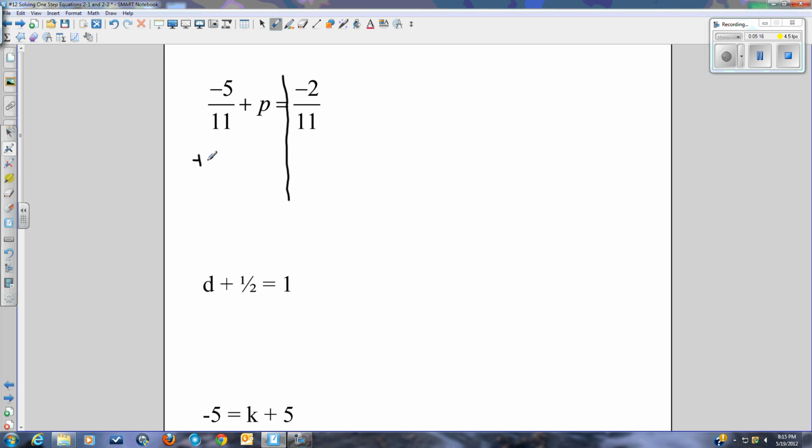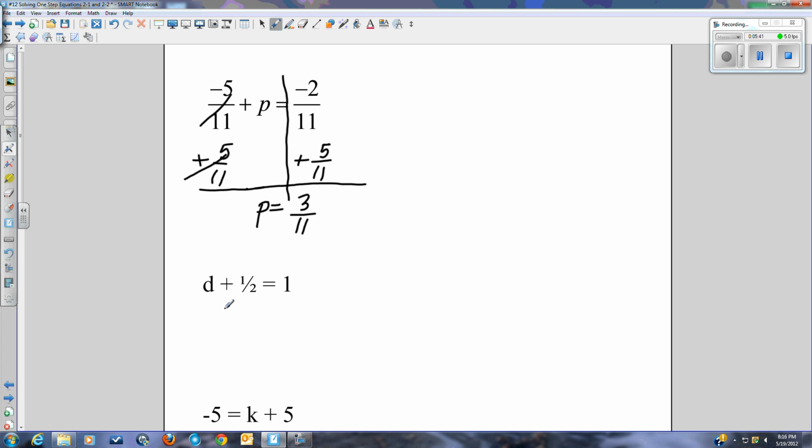So what we're going to do is add 5/11ths to each side. The negative 5/11ths and positive 5/11ths cancel. And we end up with p equals, well, negative 2/11ths plus 5/11ths is 3/11ths.